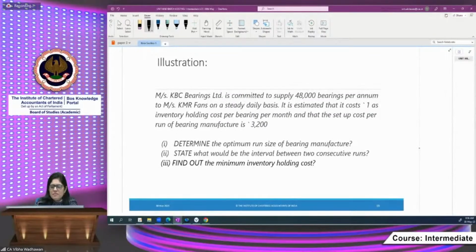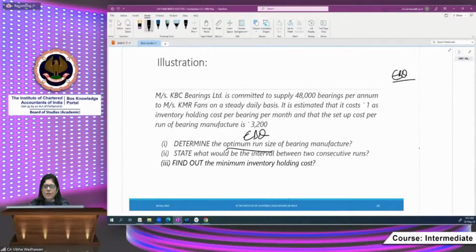Optimum run size means economic batch quantity, that is, how many units should be run in one lot. Can you tell me the economic batch quantity, how many units should be run in one batch? All the information is given to you. Can I get the EBQ?